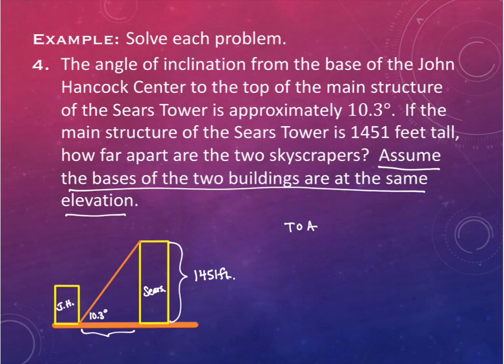We still don't know anything about the hypotenuse here, so we're not using sine or cosine. So the tangent of 10.3 degrees equals what? 1451 over x. And what's the process to solve for x? Multiply by x, and then what? Divide by the tangent of 10.3 degrees.